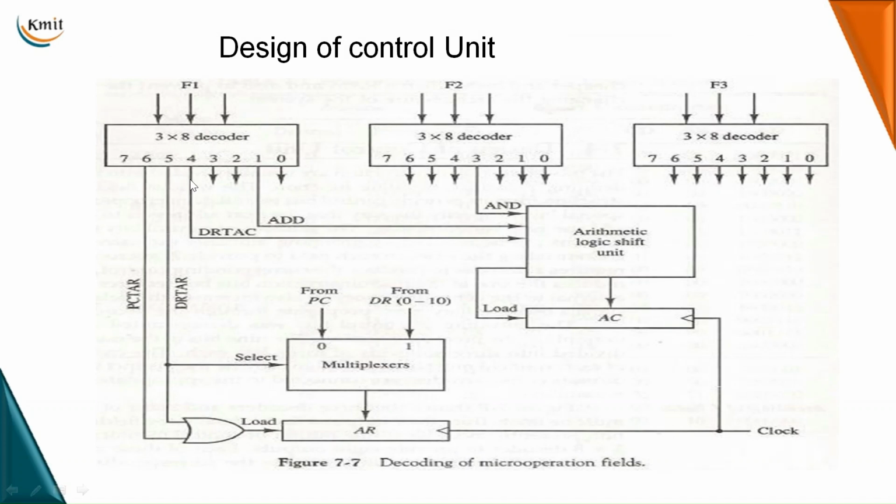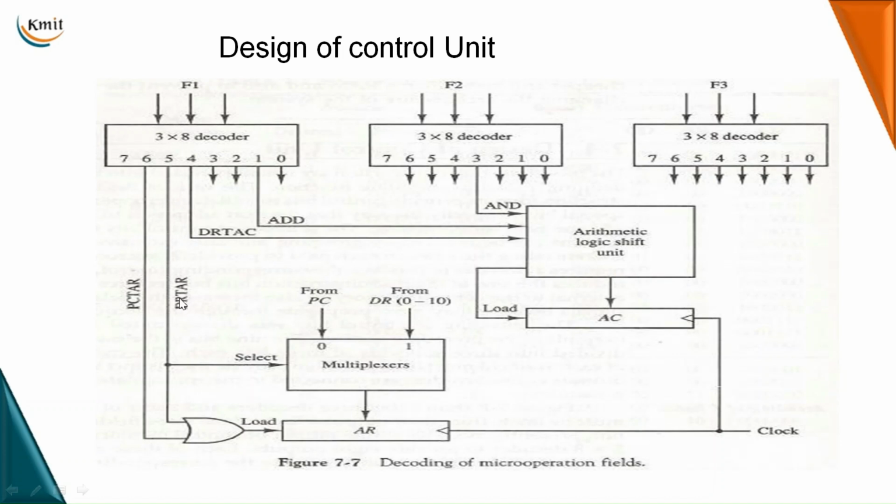Whenever this output is given as an input to an ALU, it performs a transfer operation, and the contents of the data register are loaded into the accumulator. So that is done.